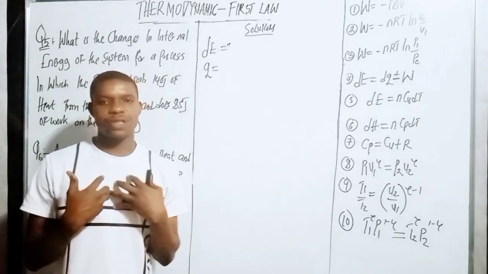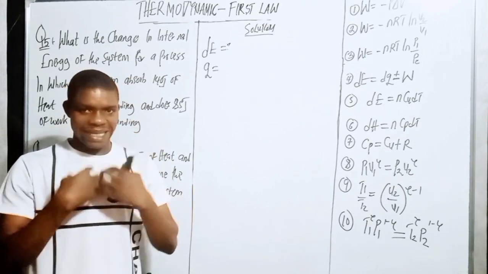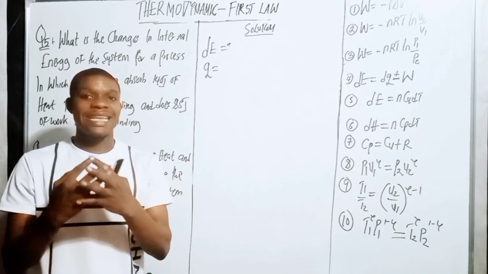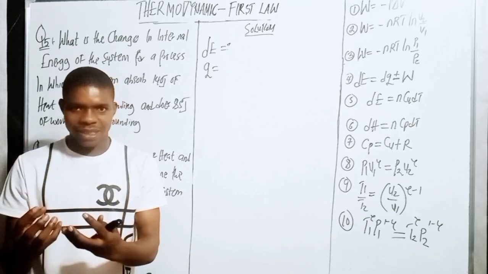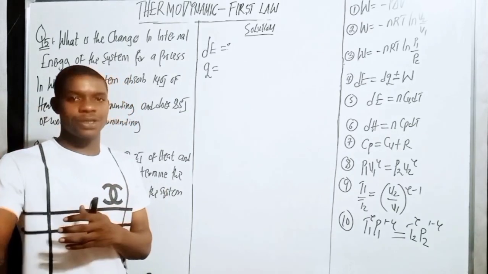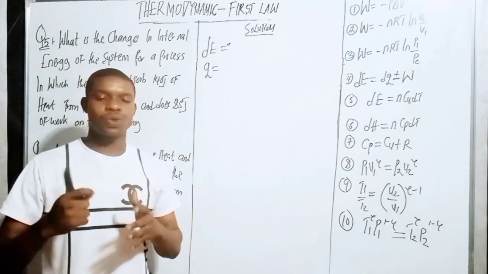Of course, it's endothermic. Whenever it is absorbed or taken in, or it is gained, it's called endothermic. And whenever it is endothermic, Q is positive. But if it's exothermic, that is, it is given out, released or lost, that is an exothermic reaction, and Q is negative.